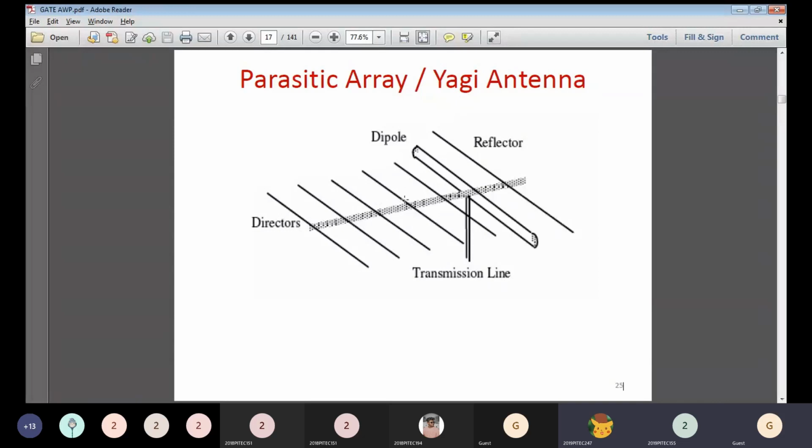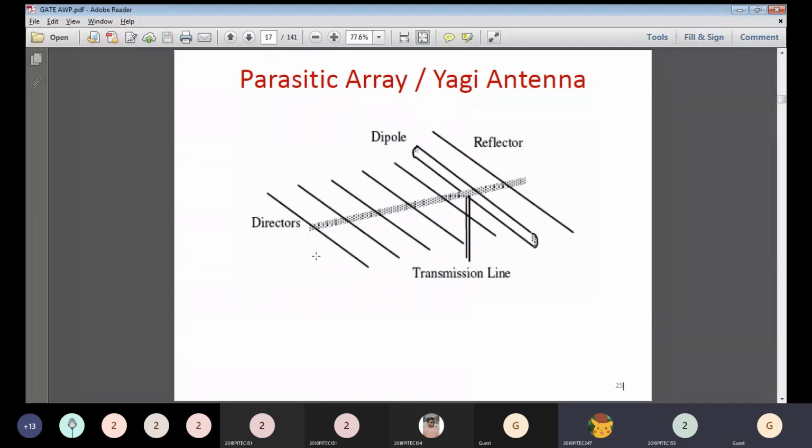Here you can see that we have a number of antennas. One is called the dipole, the circular one. The second one is the reflector, followed by the directors. So we have the dipole, the reflector, and the directors. We have the driven element.